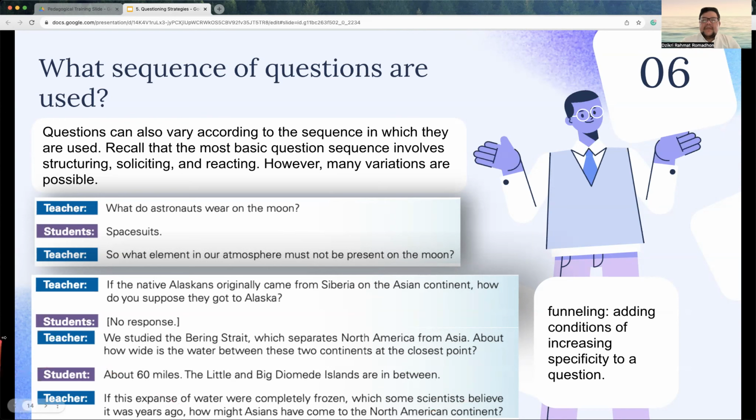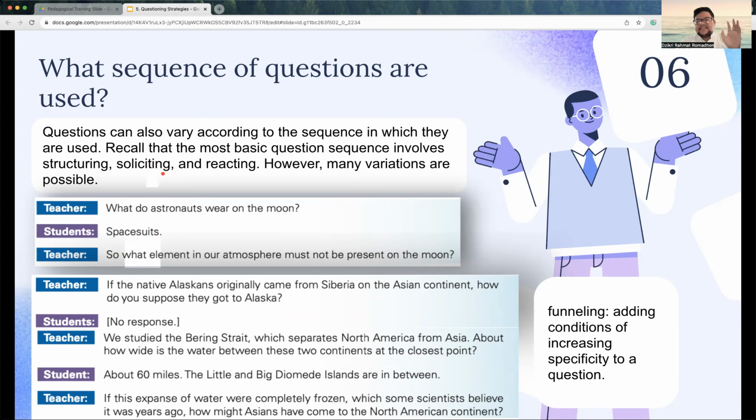So yeah, it can also be varied according to how you ask the questions. But remember that the basics of the question sequence involve structuring, soliciting, and reacting.